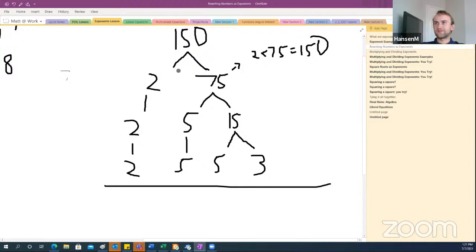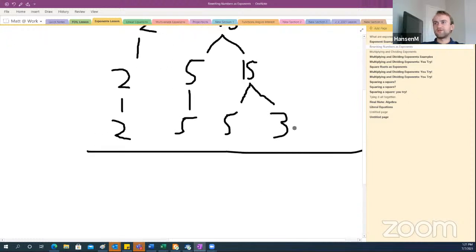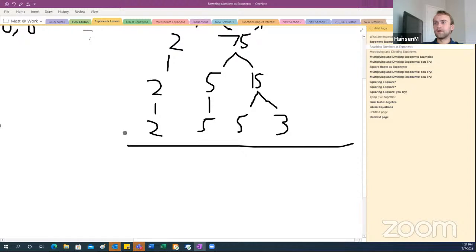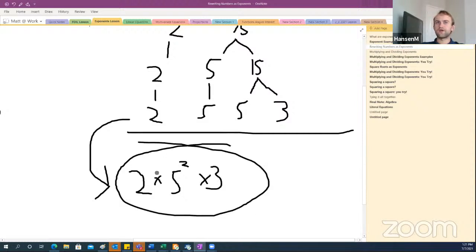So what we've done is we've successfully factored down 150 into a series of prime numbers, 2 times 5 times 5 times 3. And if we were to rewrite that in exponential notation, we could just say 2 times 5 squared times 3. And there's our answer.